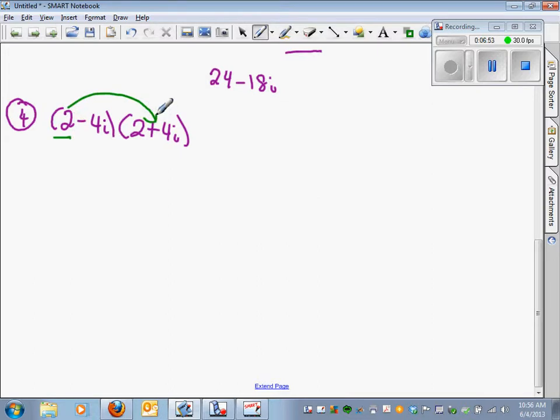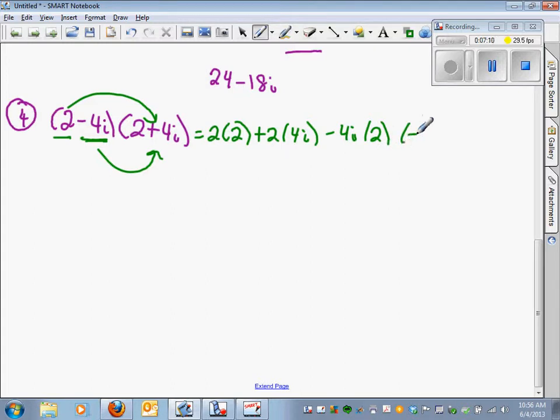So we'll multiply 2 times 2, and we'll multiply 2 times 4i. Then the imaginary portion has to be taken care of. So we're going to multiply the negative 4i times 2, and the negative 4i times 4i.